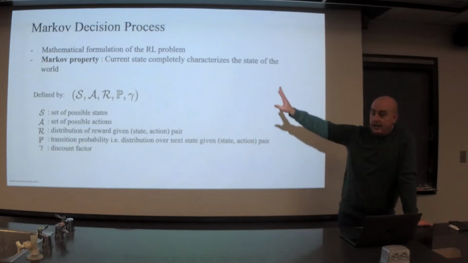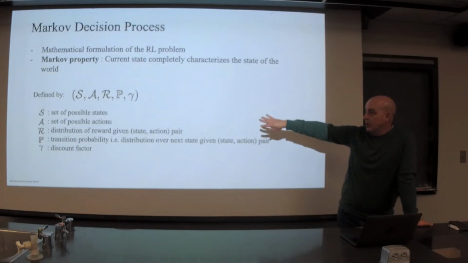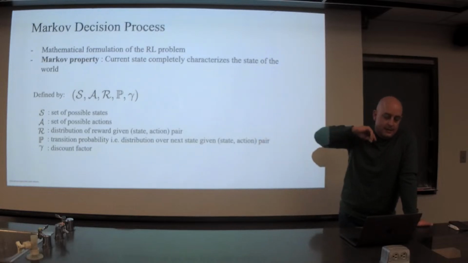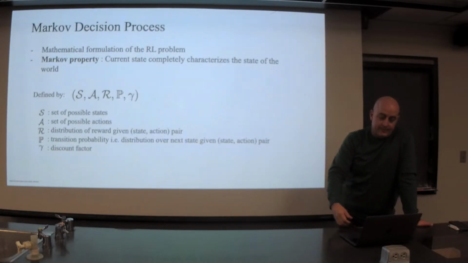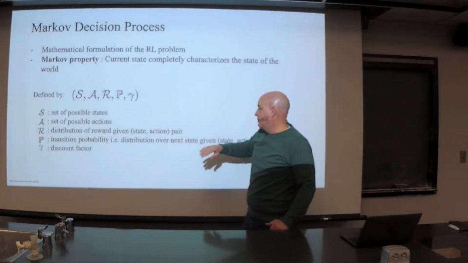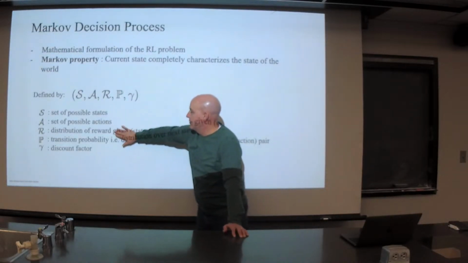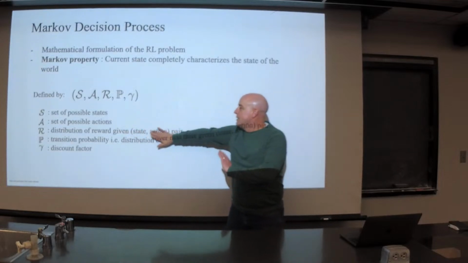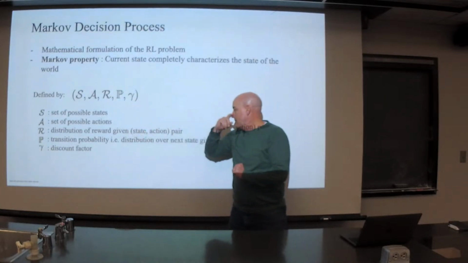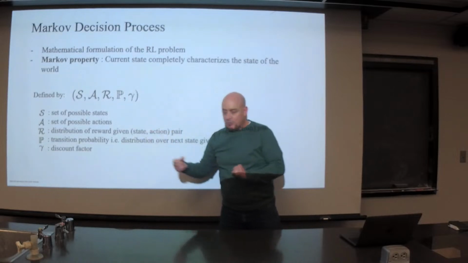And then you need some kind of reward that you'll give. In the most general theory, this is described as a distribution of rewards. What we need is a reward that's given for every state and action pair.